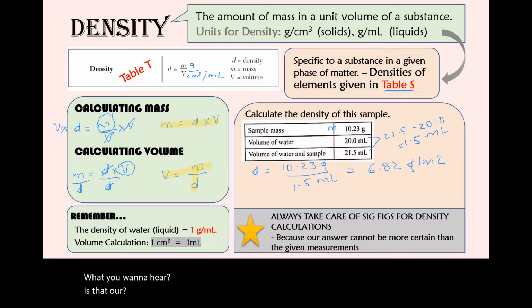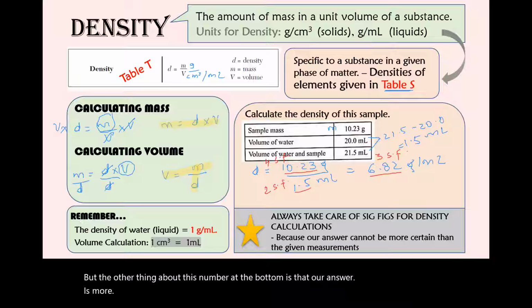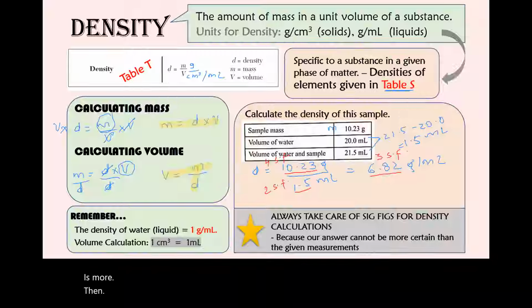However, if you look at the 2 values in our question, the one at the top has 4 sig figs, and the one at the bottom has 2 sig figs. So 4 sig figs is fine. What we are saying about this number at the bottom is that our answer is more certain than the given measurement. And this is not possible.